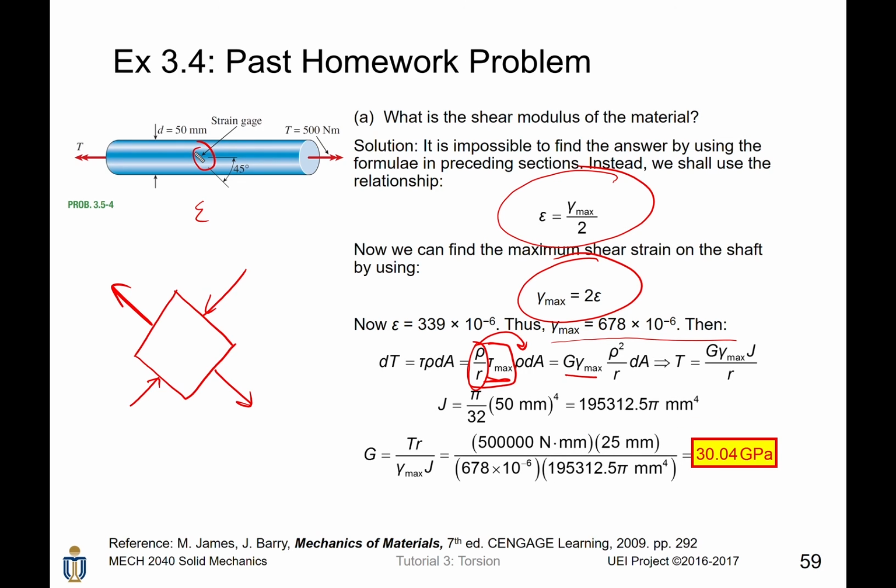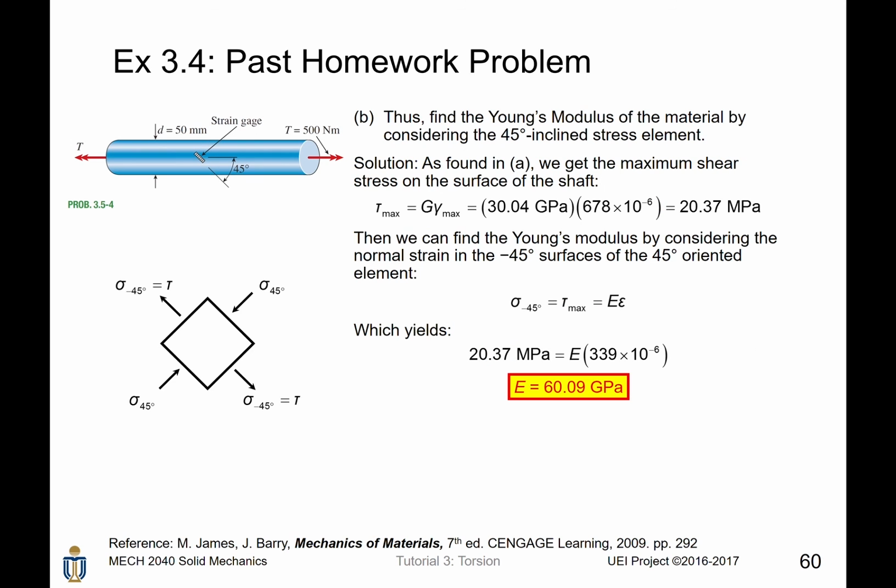Consequently, the shear modulus of this material, by substituting the numbers into it, is given by 30.04 gigapascals. Now, by using our information in part A, we can find the maximum shear stress inside this material, which is 20.37 million pascals. Consider this 45-degree inclined stress element.